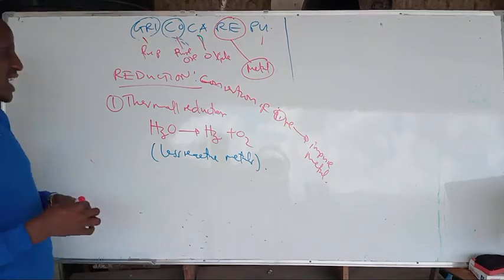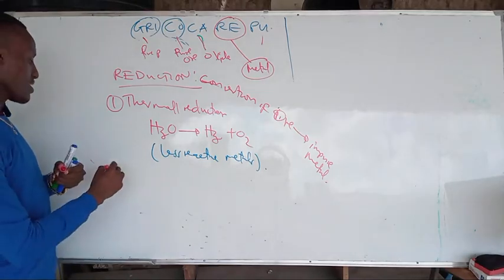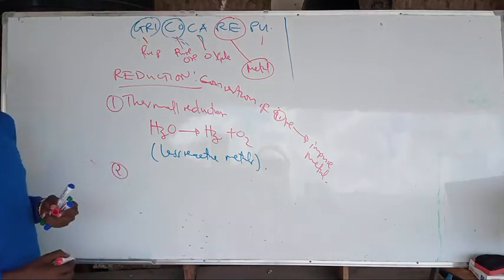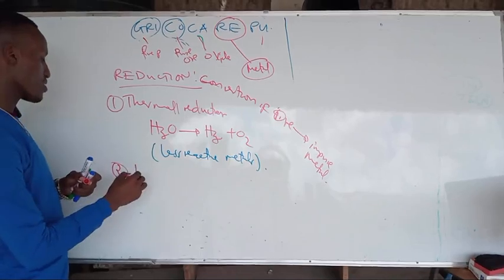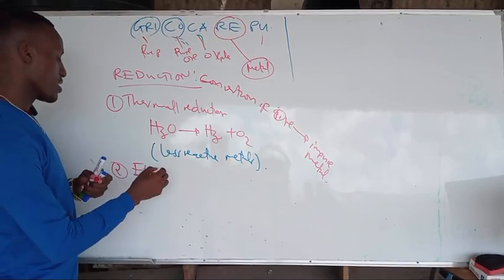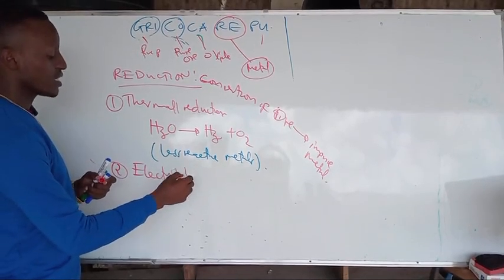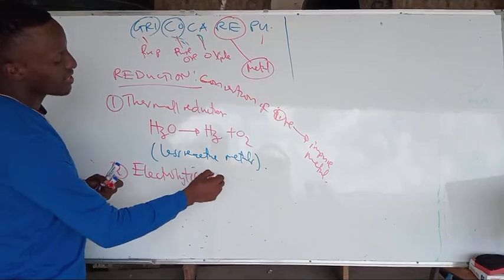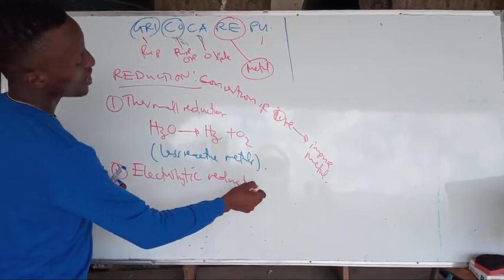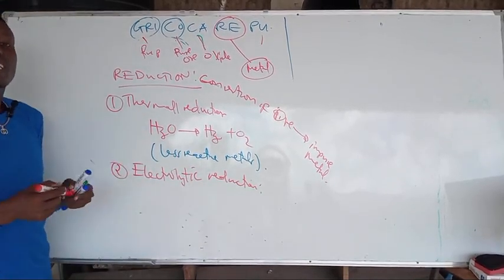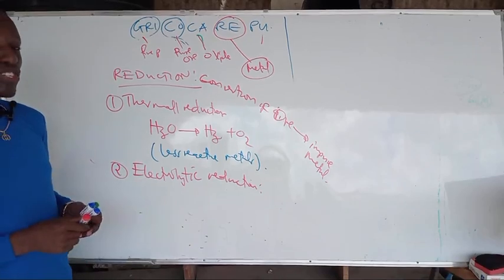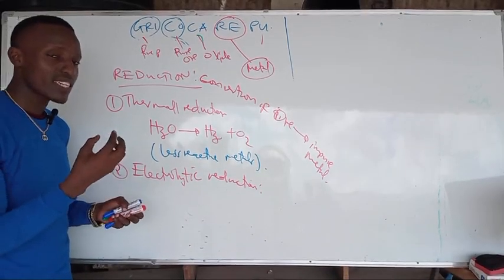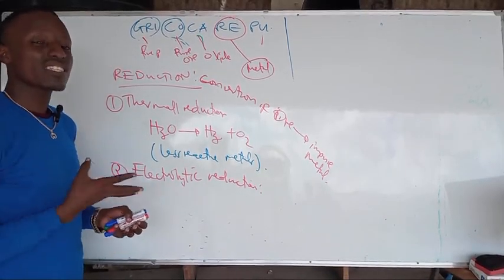Okay, let's speak about the second thing. The second thing is electrolysis. Electrolytic reduction. You can reduce a metallic ore just by using electrolysis. What happens? You take the impure ore and put it into the anode.